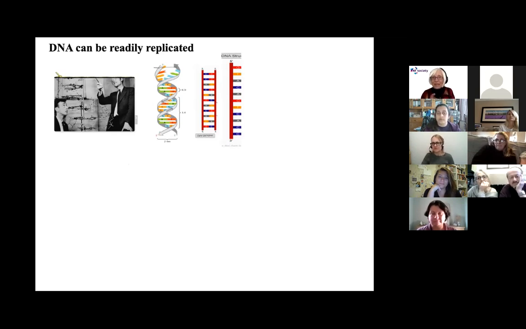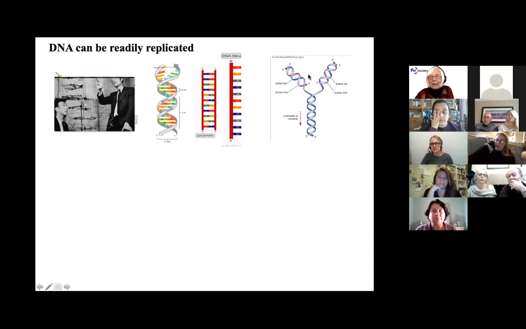But what they were outstanding in realizing was that the structure of the DNA allows it to be readily replicated. Basically, you've got this double helix, and because these bonds are quite weak, they can come apart almost like a zipper. And so you've got your double helix here, and these bonds are quite weak, so they can come apart as shown there.